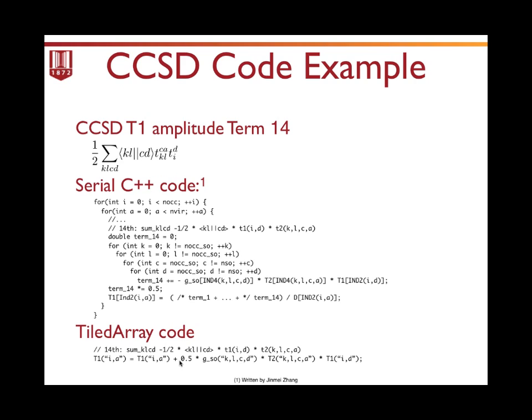So the code here on the bottom is what it might look like if we wrote the loop structure in TiledArray. Here we have our integral fourth order tensor, which is equivalent to this term here, multiplied by your T1 and T2 amplitudes here and here. And this is a lot easier to read than something like this.